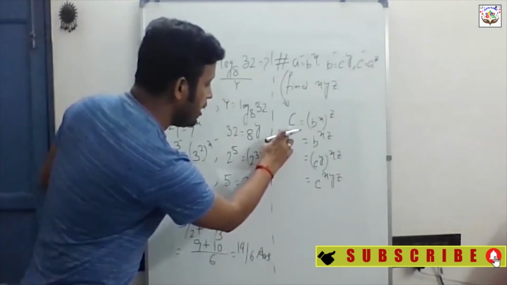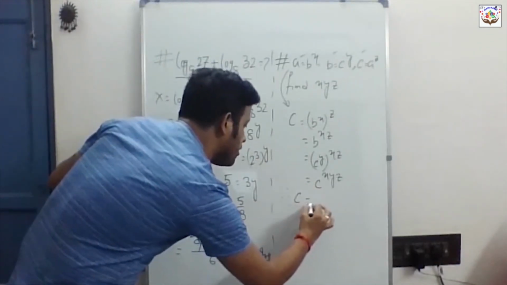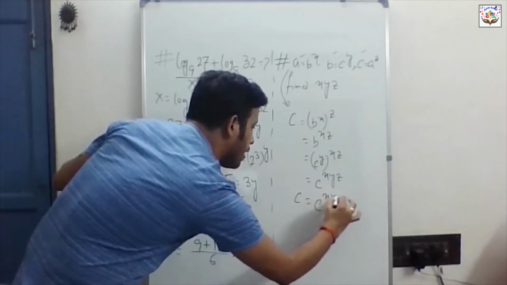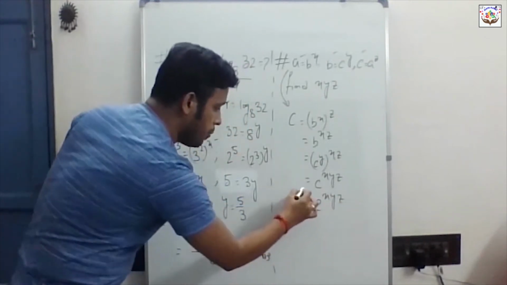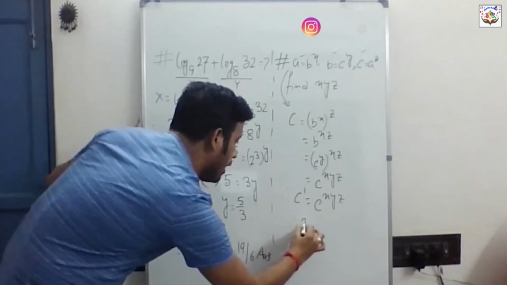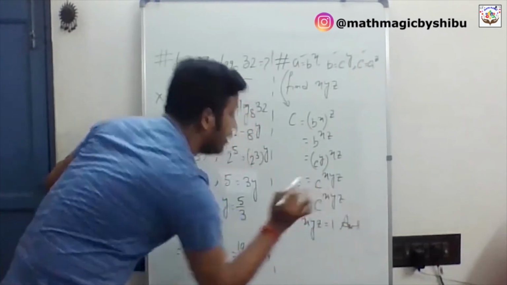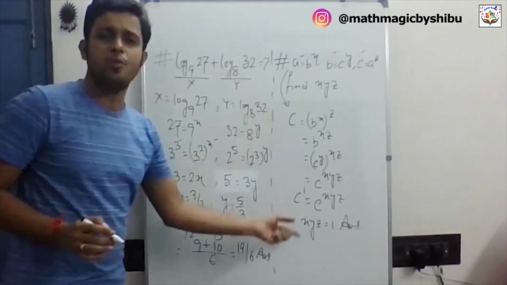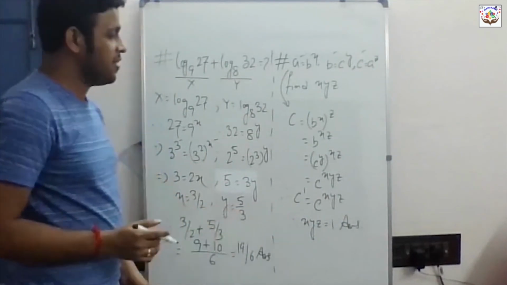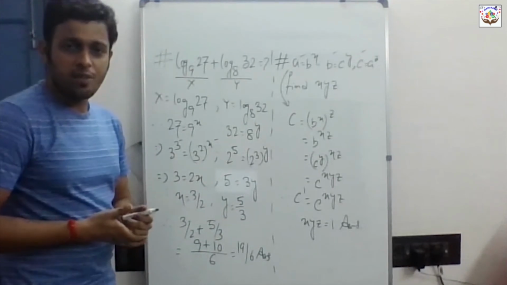So c is equals to c to the power xyz. So if we equate the power, by default power is 1 here. So xyz equals to 1. Easy? I think this is the best way to solve this problem, right? Okay. So we'll go to the next problem.